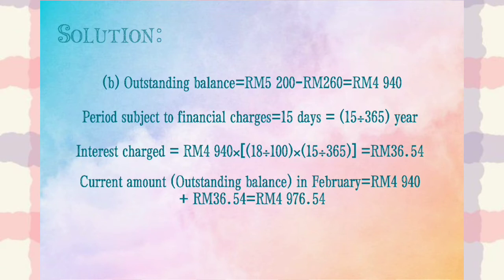B. Outstanding balance equal to 5,200 minus 260 equal to 4,940. Period subject to financial charge equal to 15 days, so equal to 15 over 365 year. So interest charge equal to 4,940 times 18 over 100 times 15 over 365 equal to 36.55 ringgit.